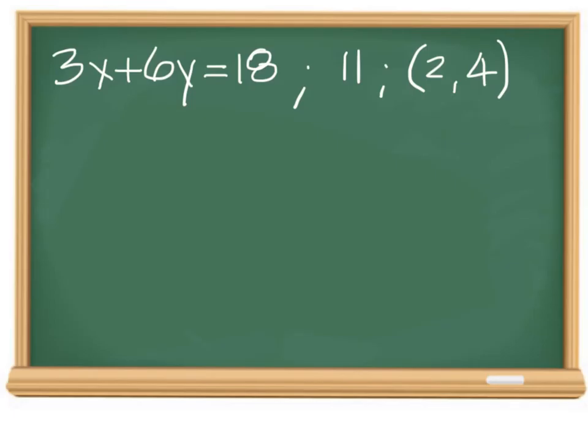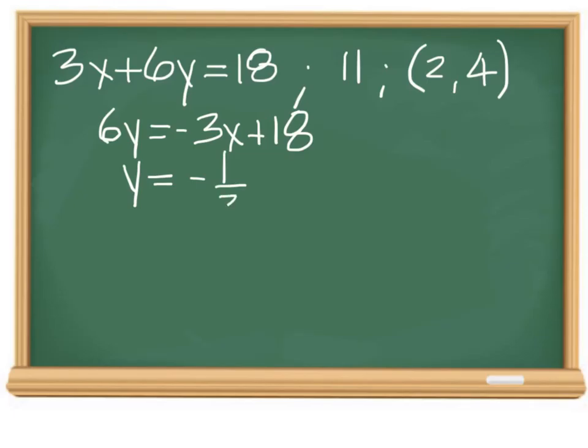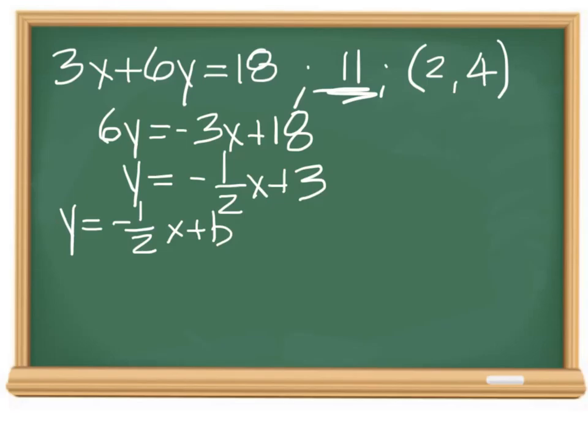On the practice problem, you need 6y equals a negative 3x plus 18, and divide everything by 6 to get a negative half x plus 3. So y equals a negative half x plus b, using the same slope because it's parallel.